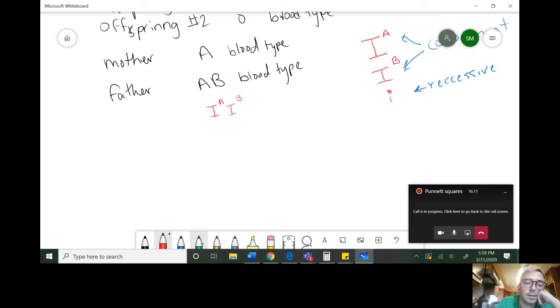The mother, on the other hand, could be homozygous dominant, meaning IA IA, or heterozygous dominant, meaning capital IA and lowercase i.